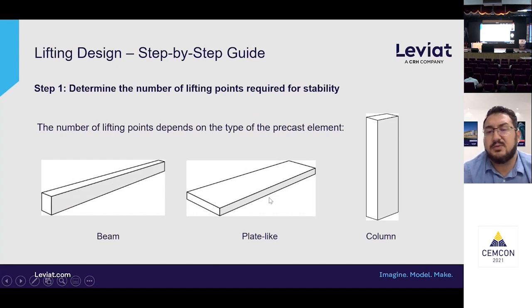So a plate-like element is what I've mentioned before, where it's basically a wall panel, but during the lifting process, it's treated as a plate because it's lifted horizontally in most instances. And a beam and column element are essentially the same. They're both rectangular sections. However, a beam element would be poured and installed in the same orientation, whereas a column would most likely be poured flat and then rotated and then installed on site. So they do vary a little bit.